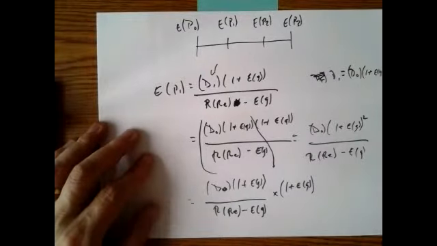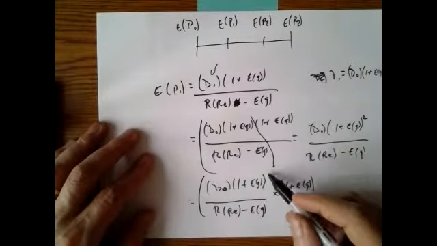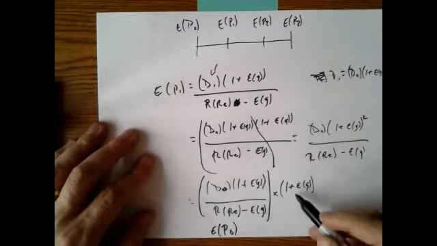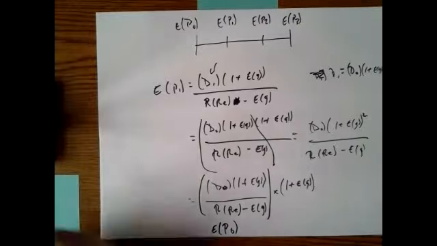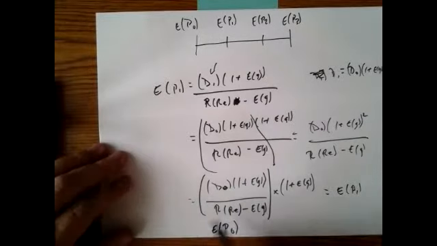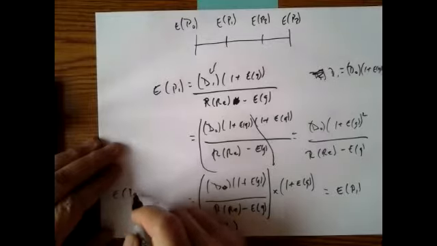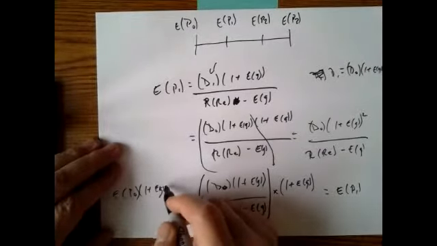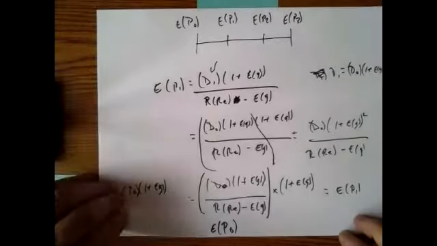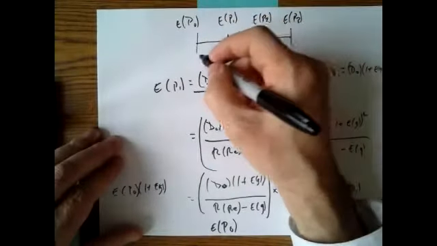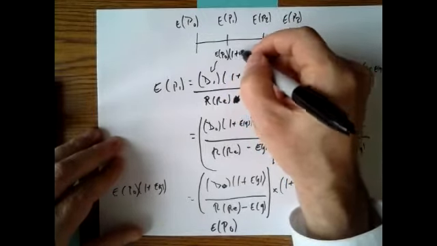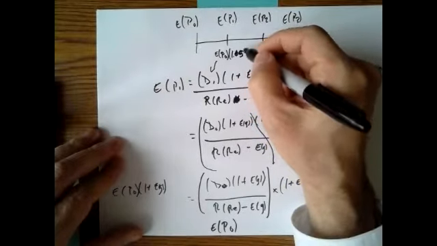So EP0 times 1 plus the growth rate is EP1.